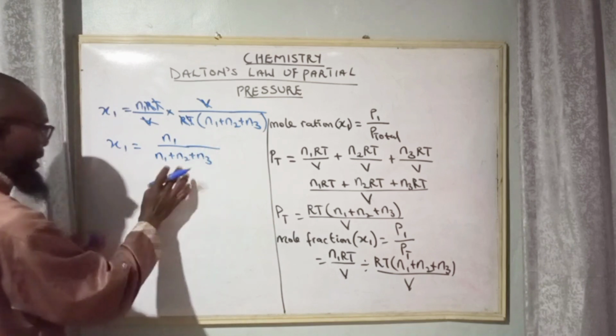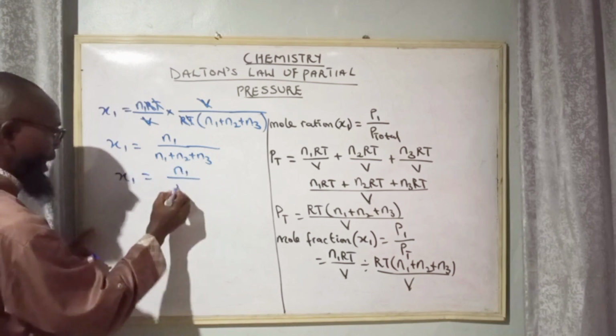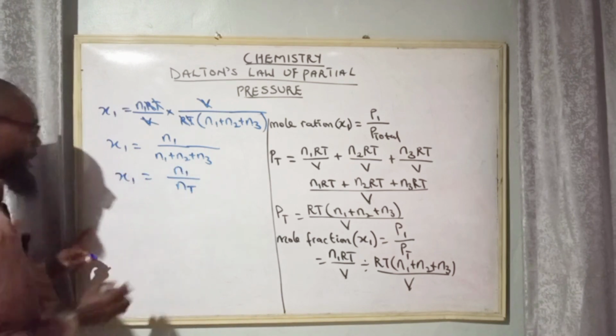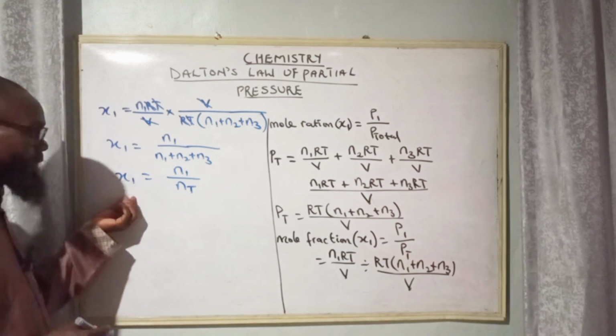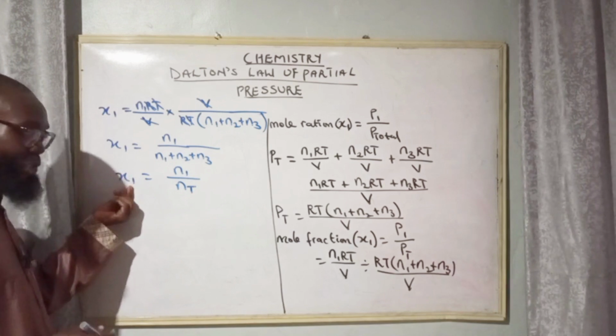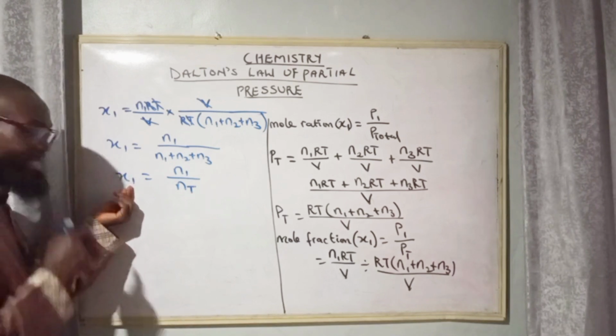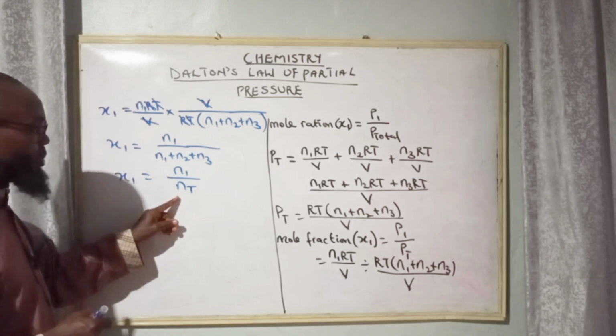And don't forget, this means X1 is equal to N1 over N total. So this is our mole ratio. X1, which is the mole fraction of the first gas, equals N1 over N total.